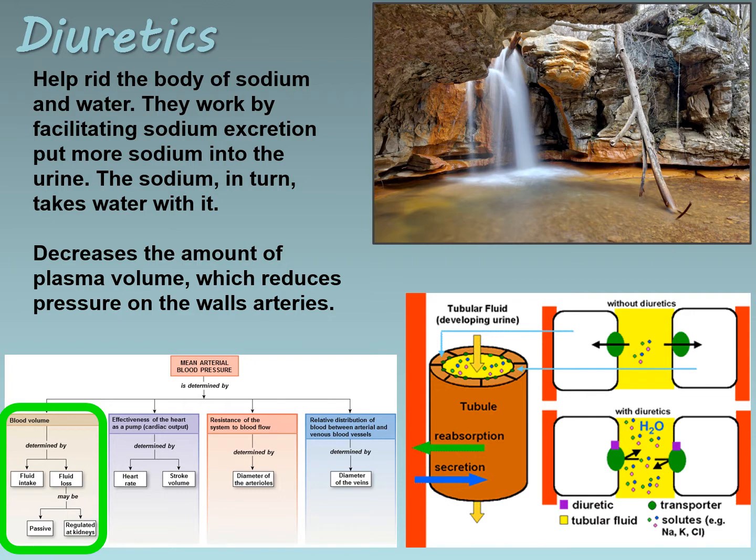So without diuretics, what happens is we transport solutes out of the filtrate and water comes along for the ride. Okay, that's the way it goes. We don't usually directly transport water in any active way whatsoever.